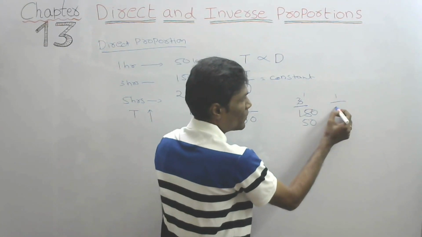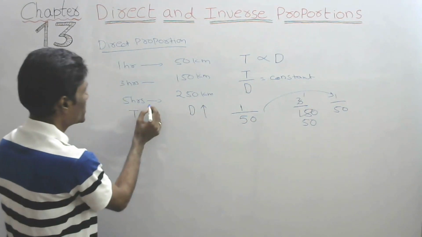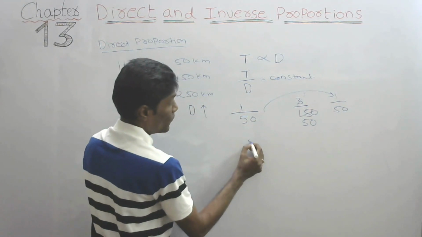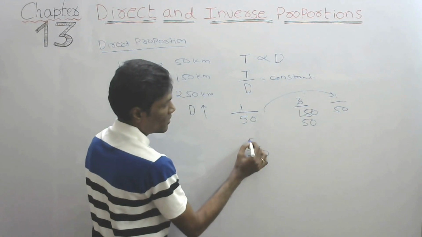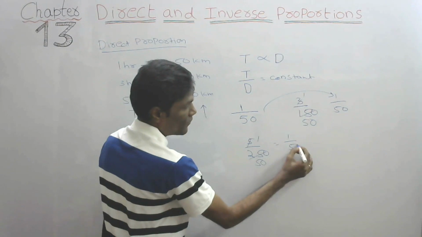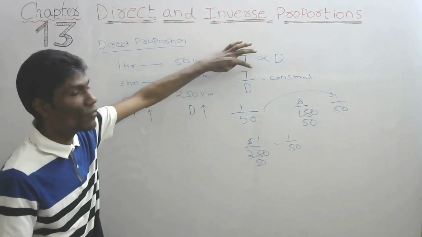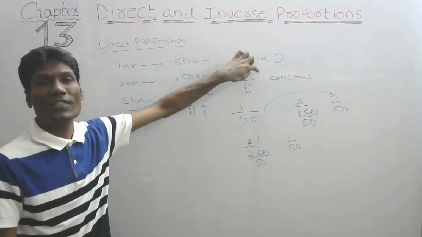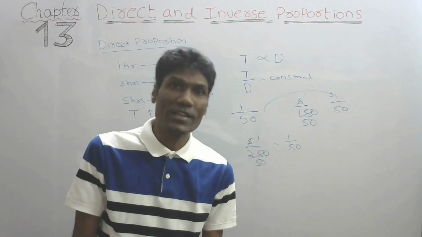Is it 1 by 50? Is it the same? Let us see for the third case. 5 by 250. 5 ones are 5, 5 fives are 25, 0. So 1 by 50. So what is happening is the ratio will be constant. Is it always so? Yes.